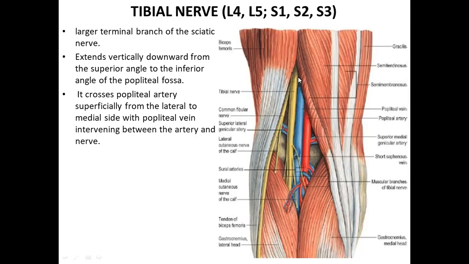Now this nerve extends vertically downwards from the superior angle to the inferior angle of the popliteal fossa. As we have seen, it crosses the popliteal artery and the vein from the lateral to the medial side, and we have seen the different relations in the upper, the middle, and the lower part of the fossa.